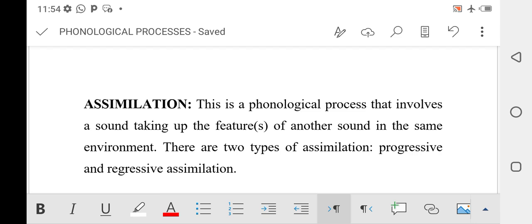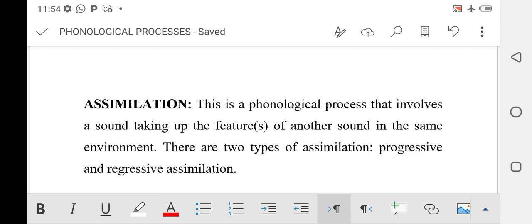So if I have TANKS and I am looking at K as the phoneme in question, and I am talking about progressive assimilation, I am looking at K in respect with S, the S after K, all right?